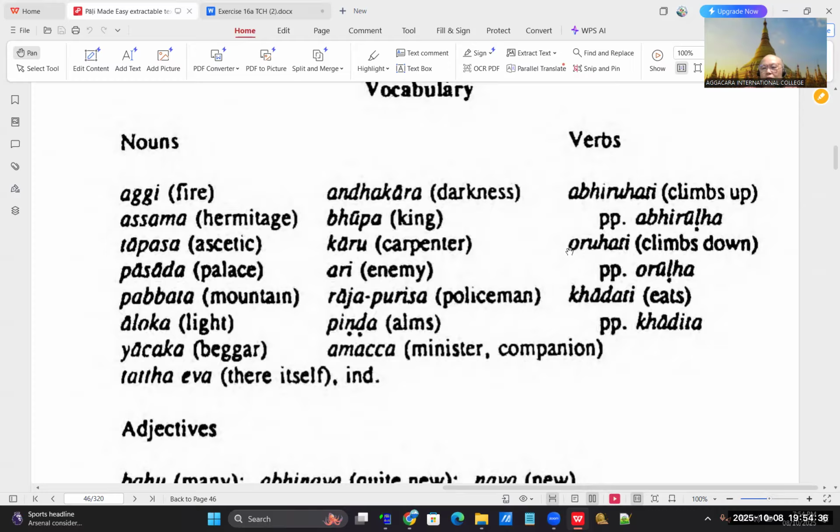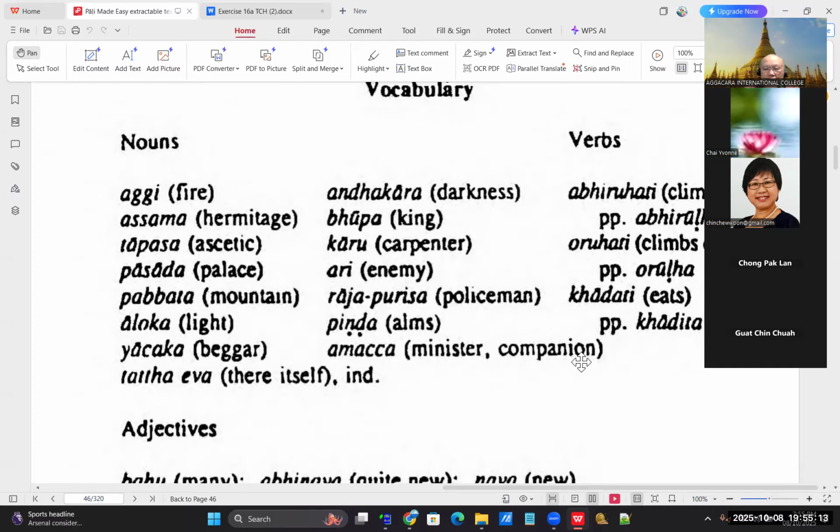This one has the prefix o or ava, A-V-A. Ruh. So abhi is up, but ava means down. So climbs down. Past participle abhiruḷha, past participle. Right? So these are spatial prefixes. Why is there an L coming here? So spelling formation. Khādati is eat. So the past participle is khādita. Okay? I think this is not so difficult.